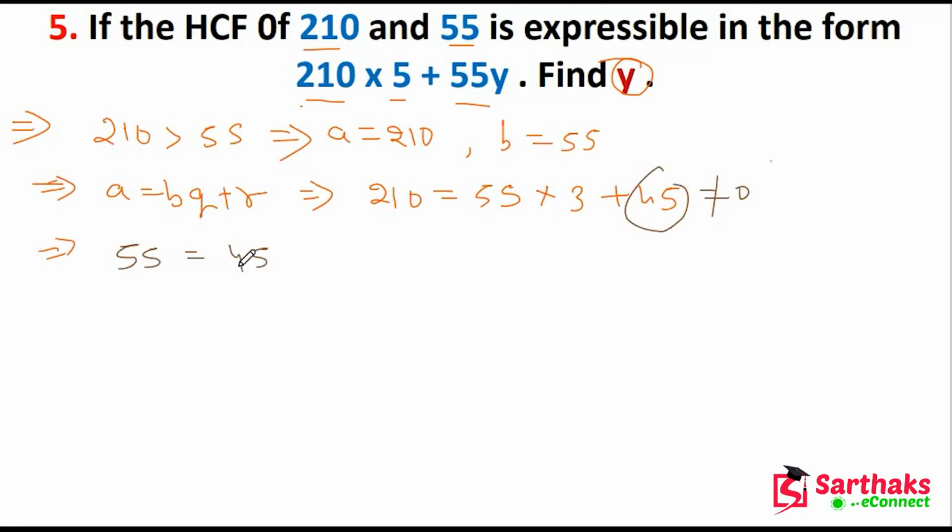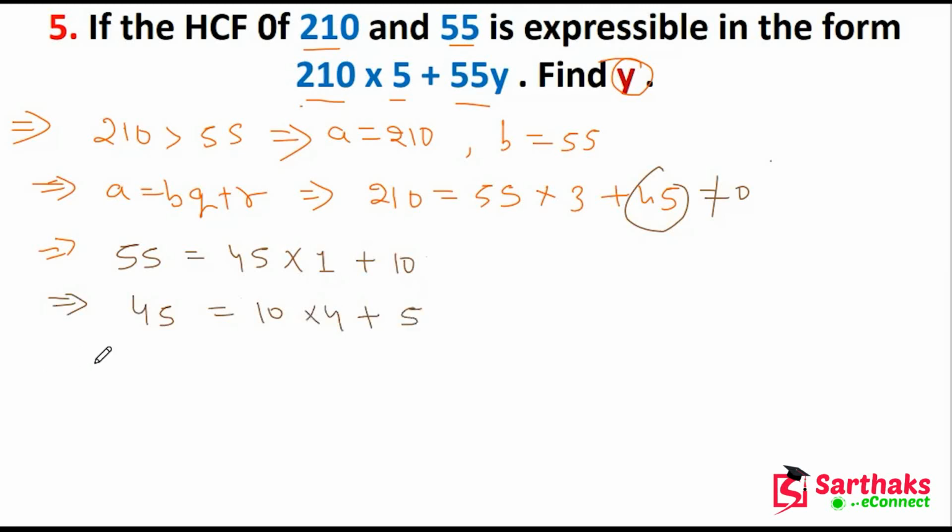Now if we divide 55 by 45, we get q is 1 plus we get remainder 10. Again r is not equal to 0. Now again 45 is equal to 10 into 4 plus remainder 5.